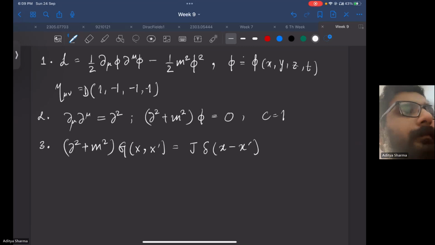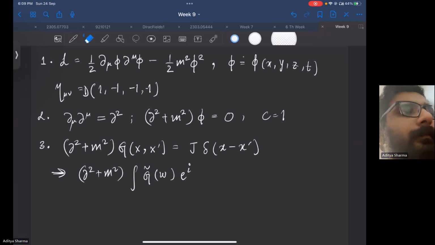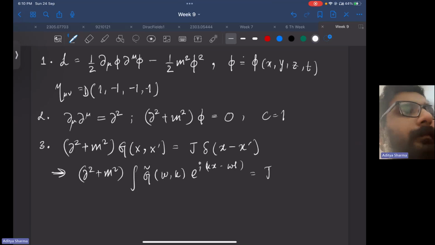Okay, and I'm going to go to the Fourier space. The G can be written as G tilde of omega and k, e to the power i omega t.